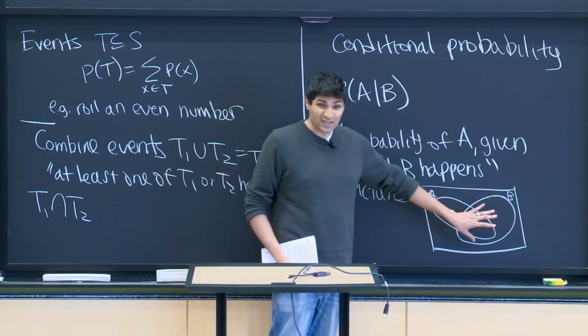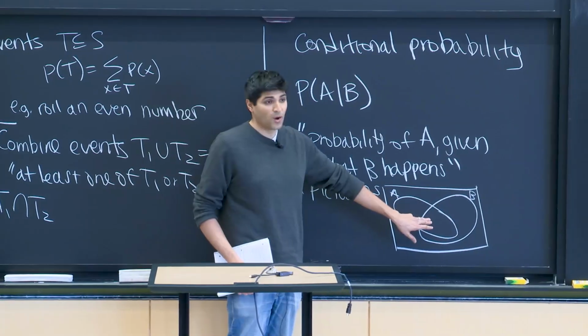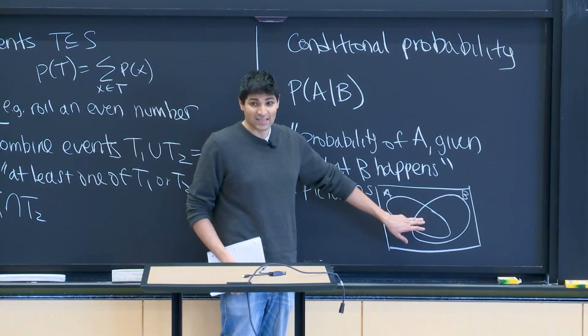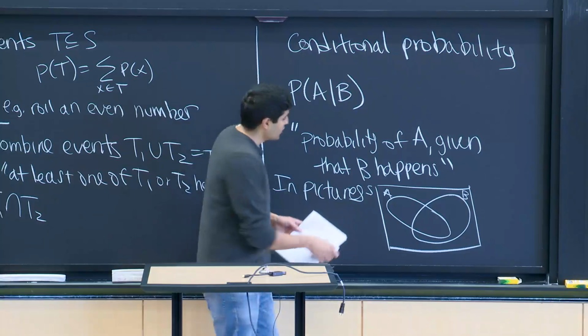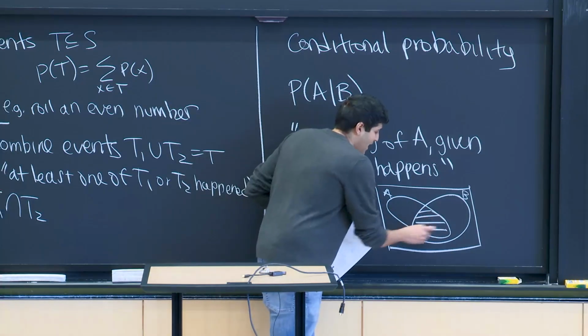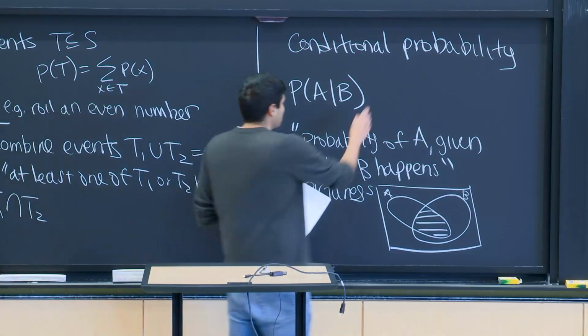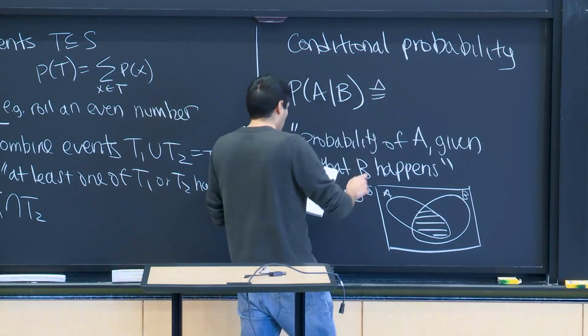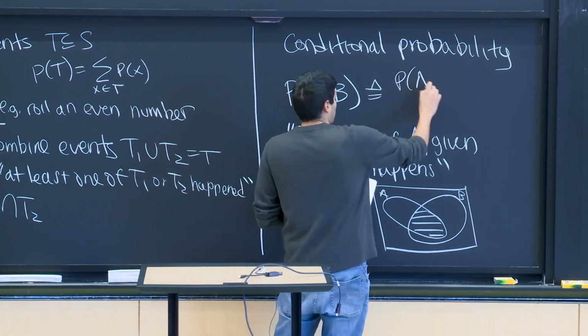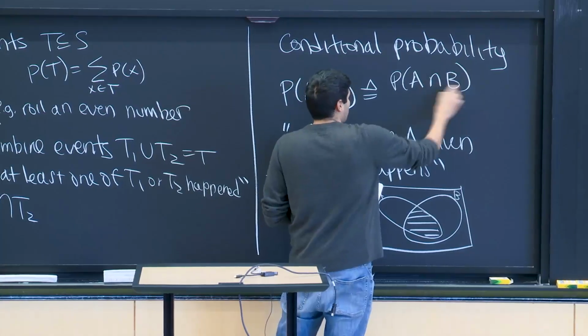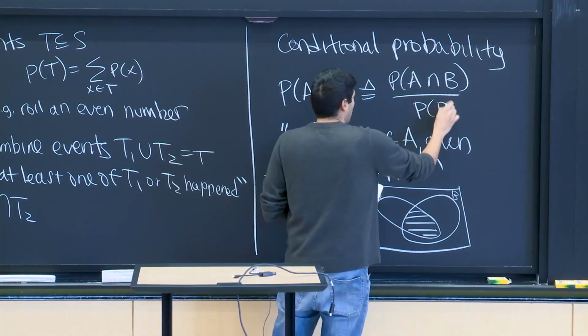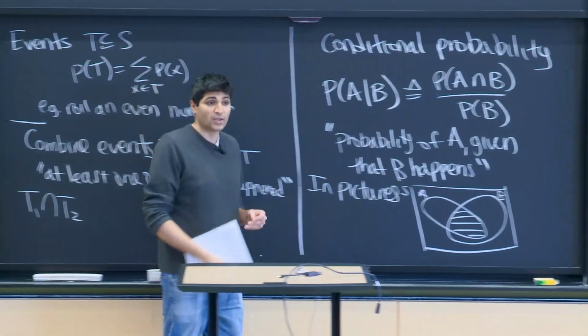What I want to know is, given that promise, what's the new probability that it actually lands inside the set A? So the only place where it could then land and event A could happen is right here in the intersection. And that's exactly how we define the conditional probability. It's literally just the probability of the intersection of the two events divided by the probability that I'm conditioning on.